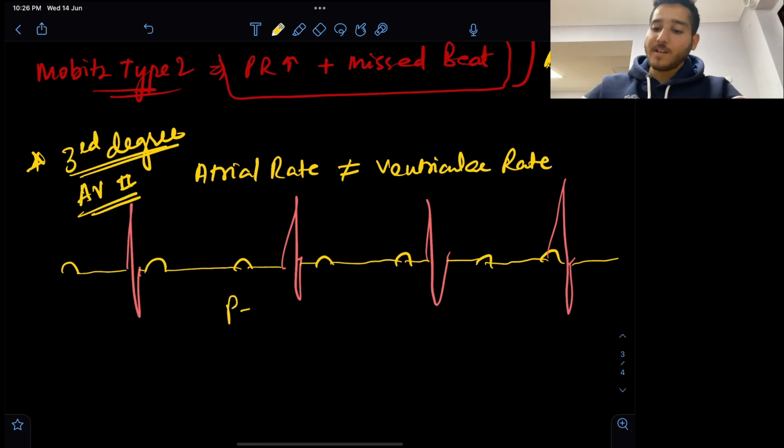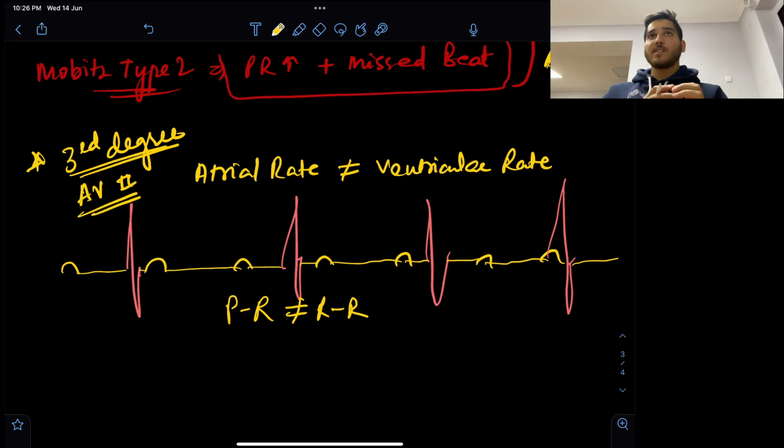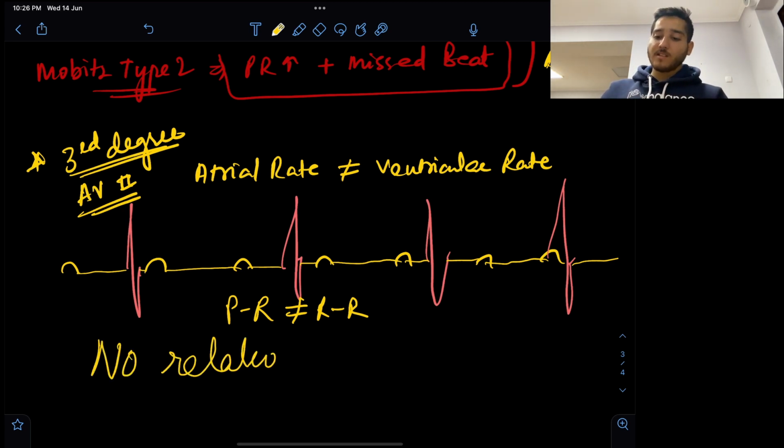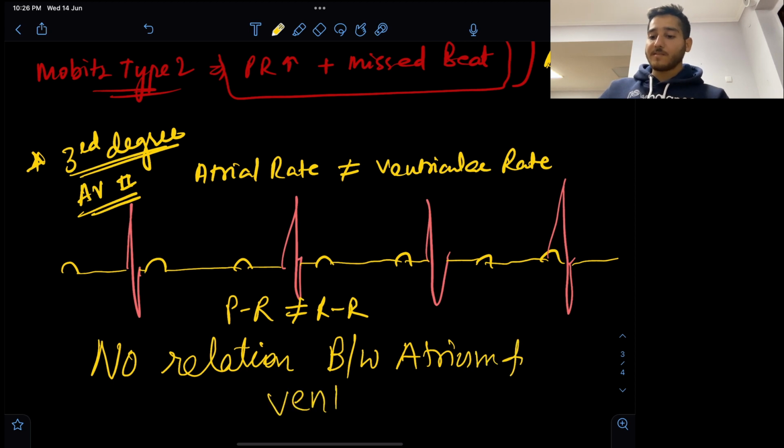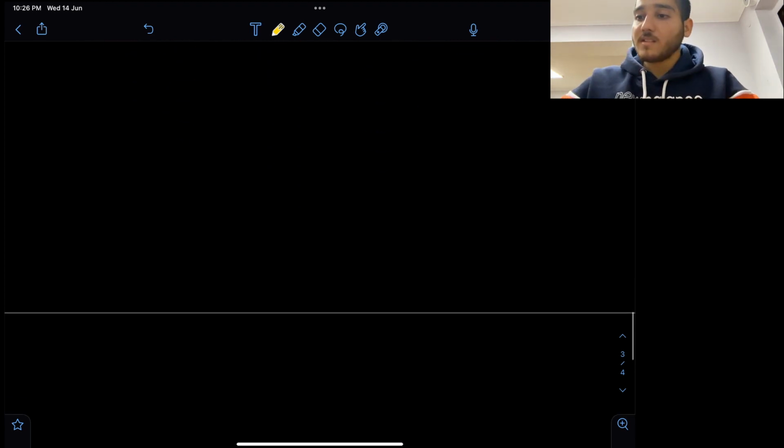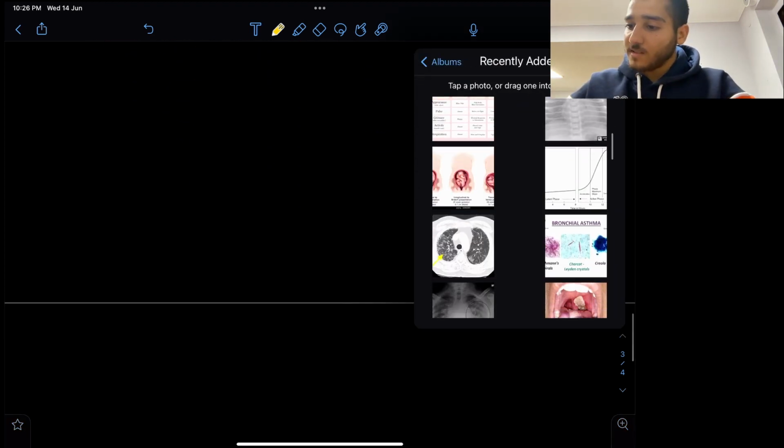The PP interval is not equal to the RR interval, and there's definitely no relation between atrium and ventricles.